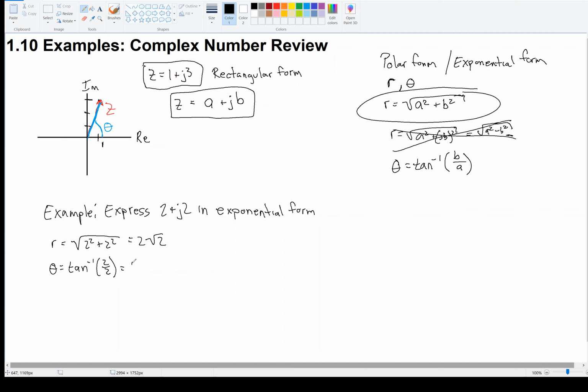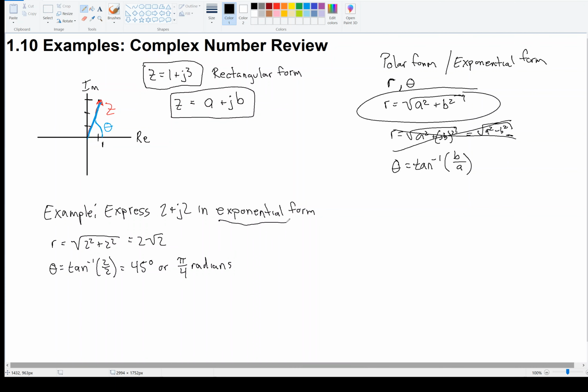This would give me 45 degrees. Or we're going to use radians mostly in this class, so that's pi over 4 radians.